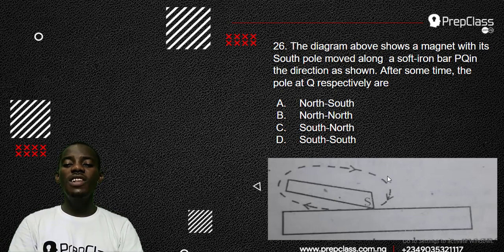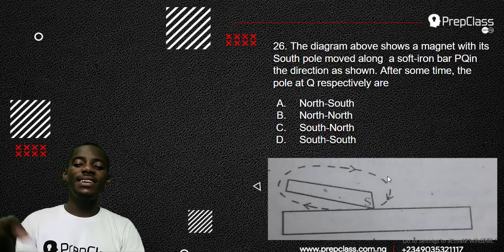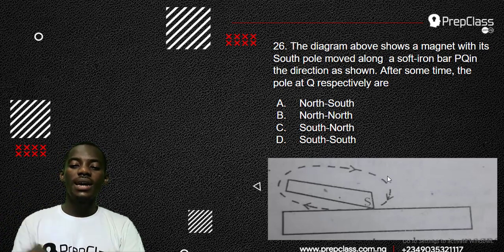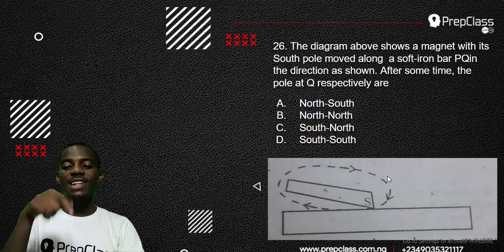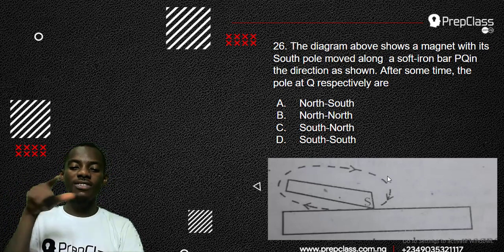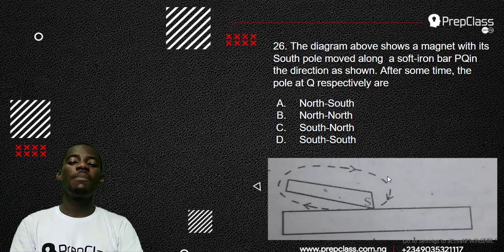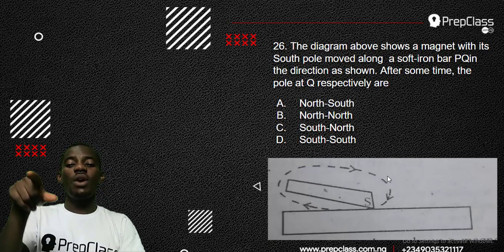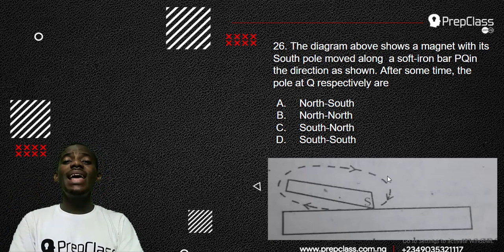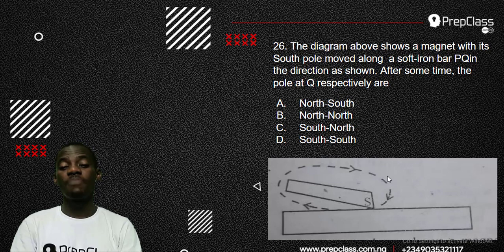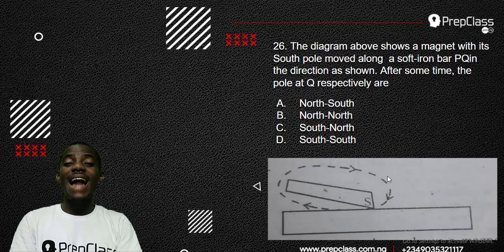Okay, now if you move this magnet this way, that means the magnet is going to the left. It's moving through that surface and going back. Take note of the pole that is touching the surface. It is the south pole and it is going this way. Whenever a magnet touches a surface this way, it creates an opposite pole at that point of contact.